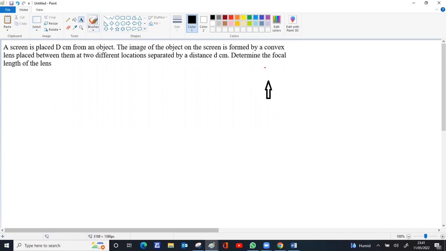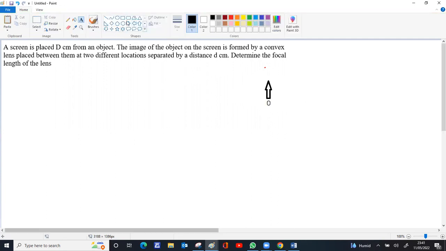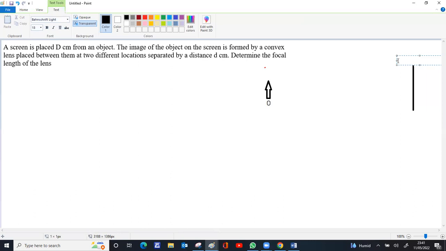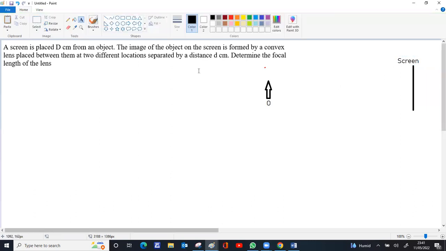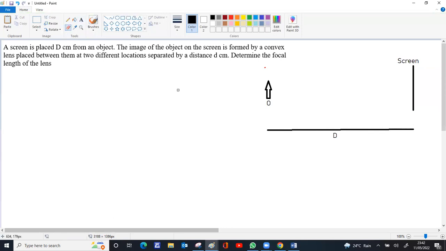Object, screen. The distance between object and screen is capital D, where the convex lens is placed at two different locations.